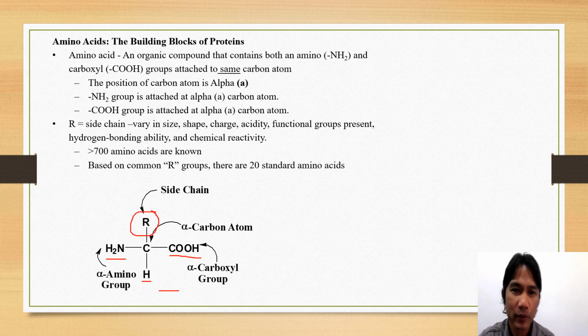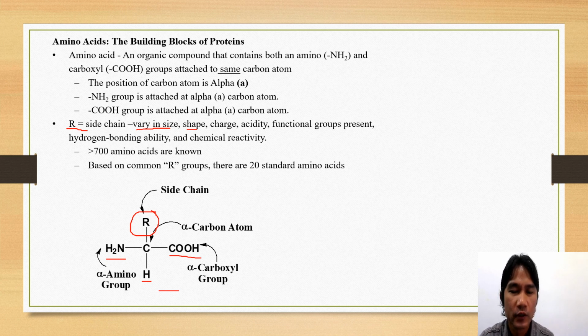Remember, R, as I said before, represents the rest of the molecule or any group of molecule. The R or the side chain varies in size, shape, charge, acidity, and functional groups present.